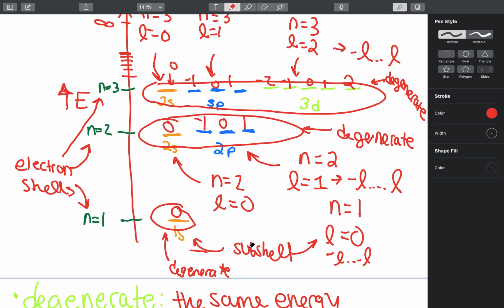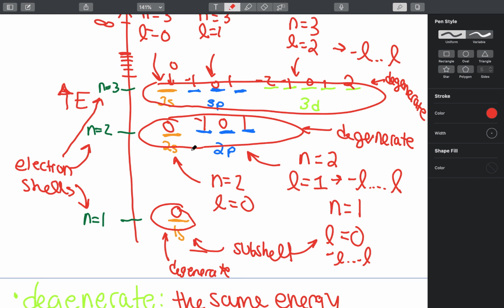Think about it. If you have multiple electrons in the same energy level, negative charges don't like to be with each other. So if you force these electrons to be in the same energy level, the orbitals no longer become degenerate because of the electron-electron repulsions.